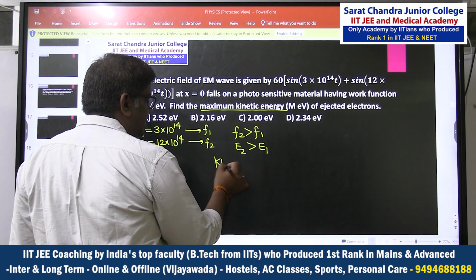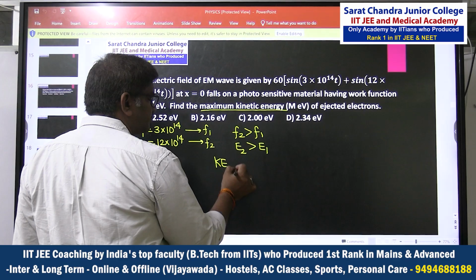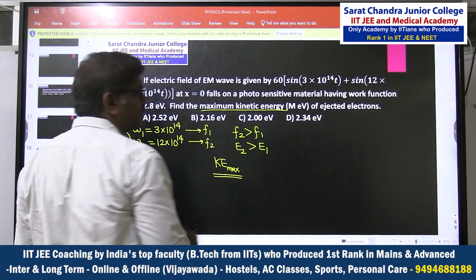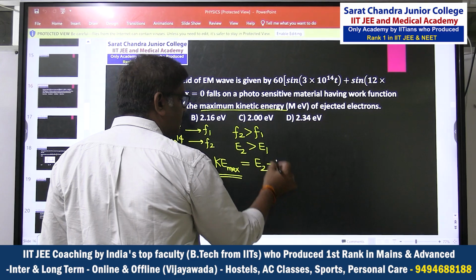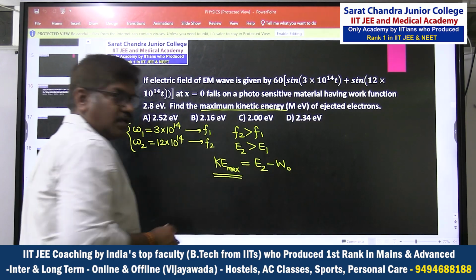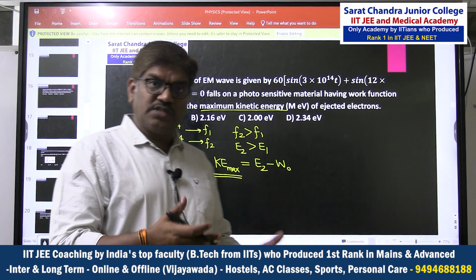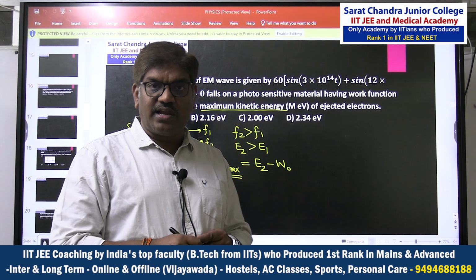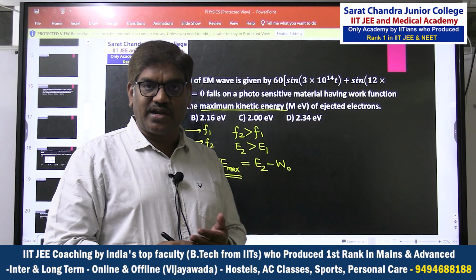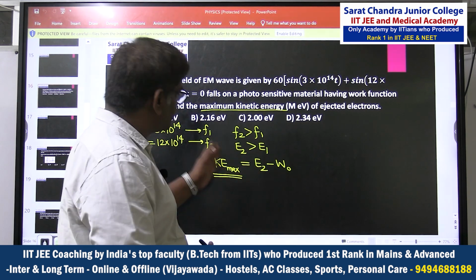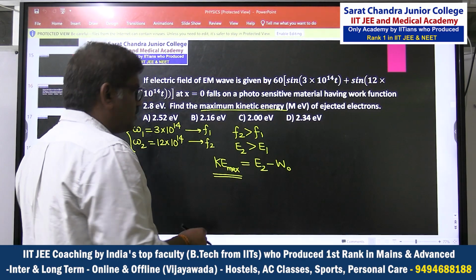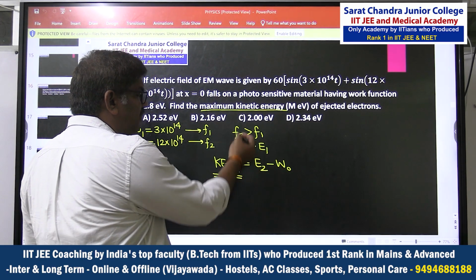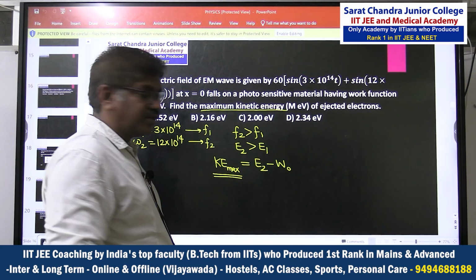So KE max which you are getting for the emitted electron will be corresponding to E2 minus work function. I'm not saying that E1 is also not capable to eject the electron, but it is not having the maximum kinetic energy. The maximum kinetic energy corresponds to the photon of frequency F2.